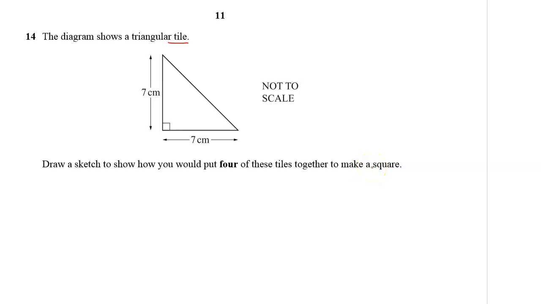To do that, I'll put them on this side, and then this will be the sides of the square. Of course, we need to make a square, so I'll just draw a line like that, and assuming that line is 14 centimeters, I'll draw another line here.